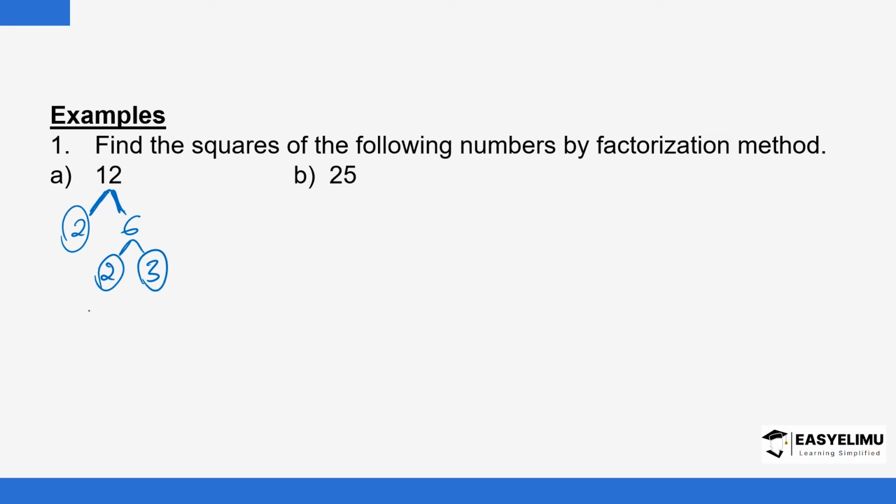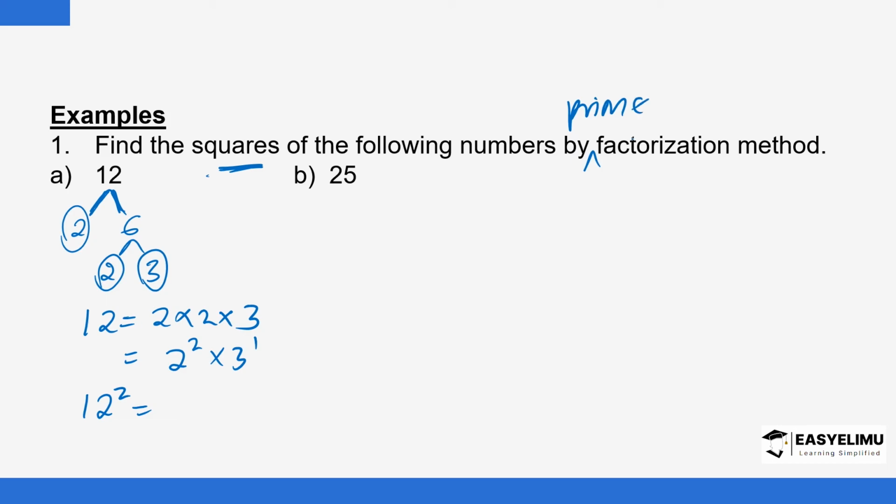So we have 12 equals 2 by 2 by 3, which equals 2 power 2 by 3 power 1. So 12 squared, because that's what we are trying to find, the squares of the following numbers by prime factorization method.